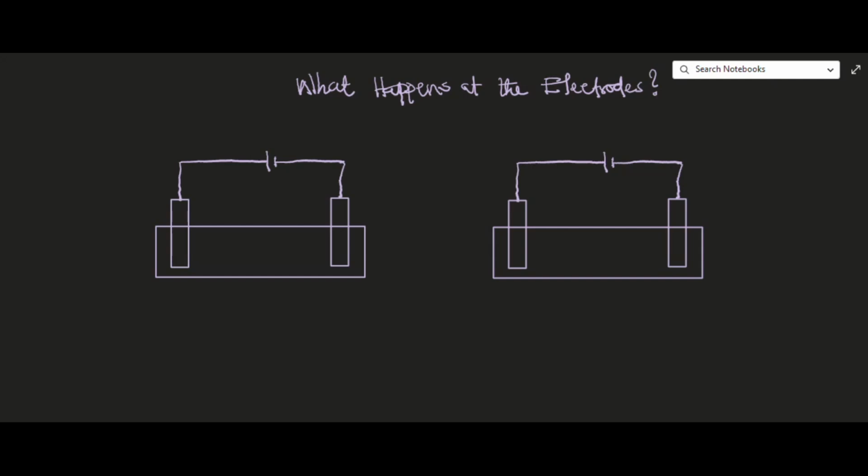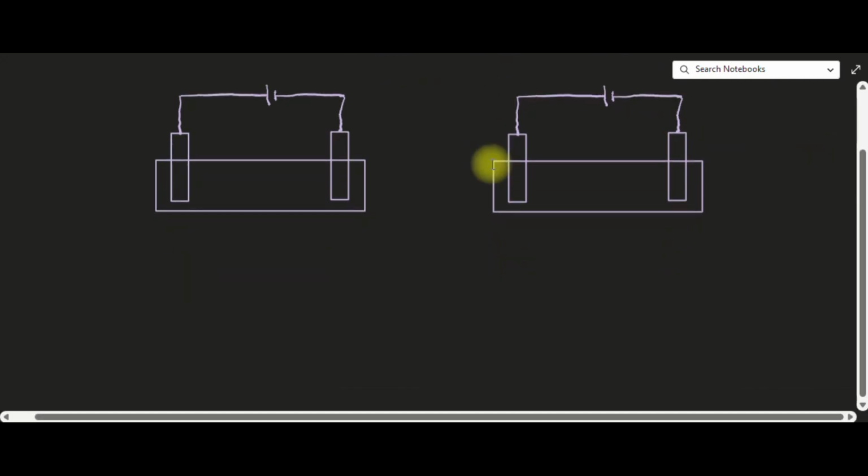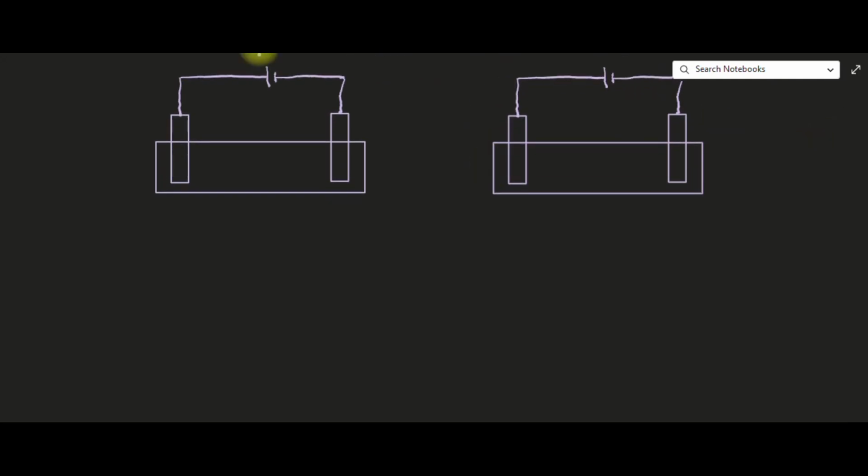So, we want to start by looking at the differences between electrolysis of molten substance and an aqueous electrolyte. When we say molten electrolyte, remember, molten means a substance is melted. So we can have the salt that we put in our food. You remember the salt is crystalline.